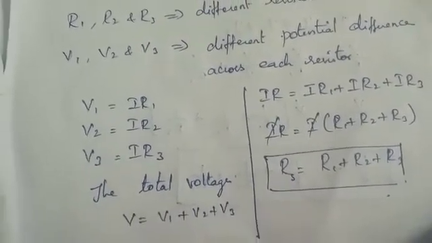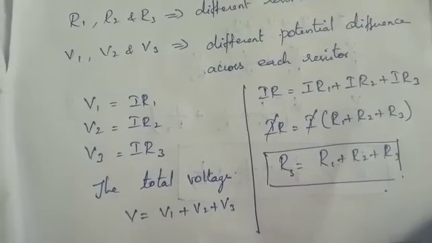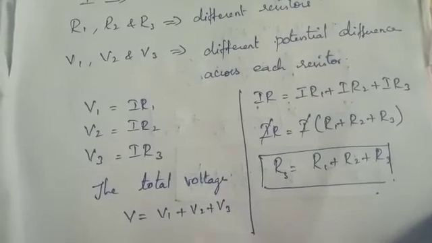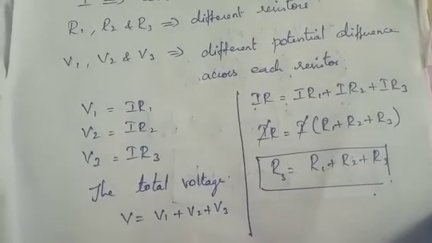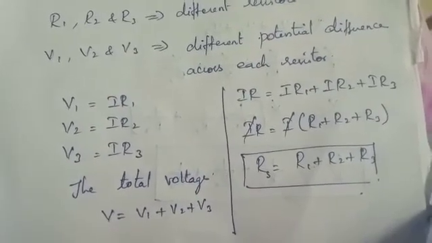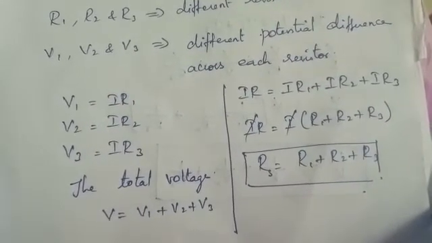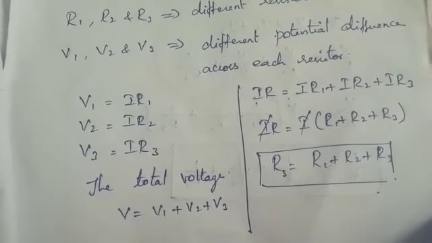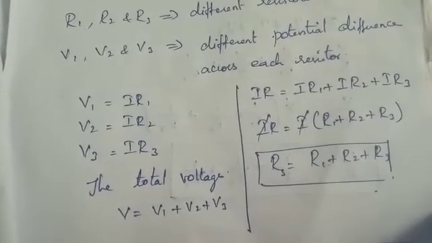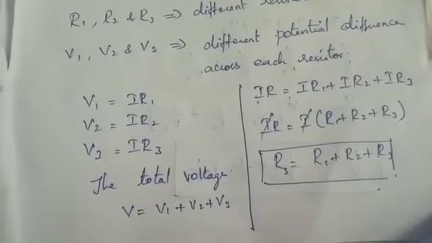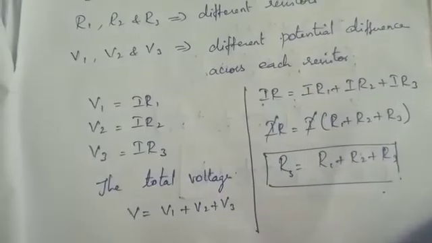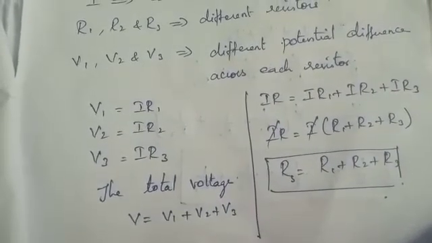We have to find the total voltage, V is equal to V1 plus V2 plus V3. Substitute the general formula, V is equal to IR is equal to IR1 plus IR2 plus IR3. Then take the common value I and cancel it. So Rs is equal to R1 plus R2 plus R3. This is the resistors in series value.